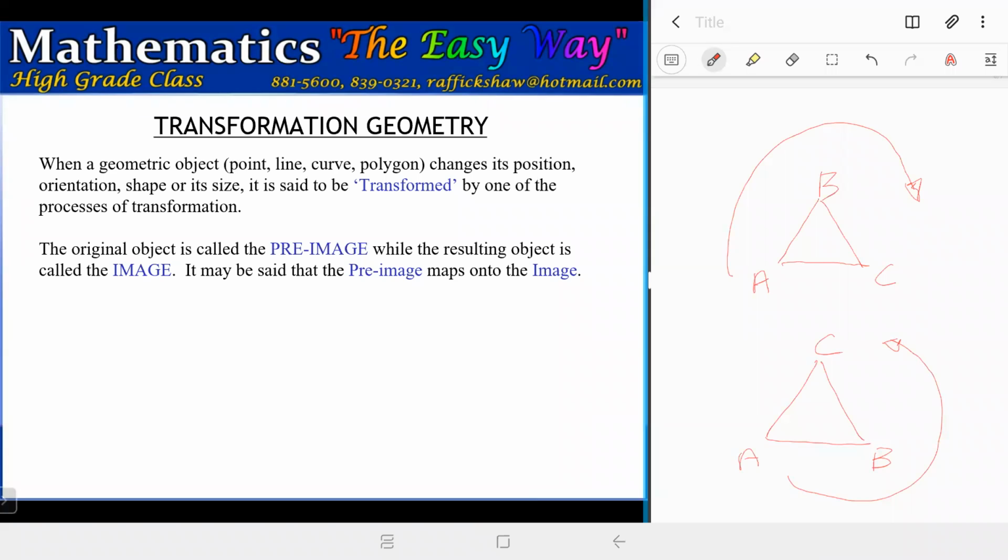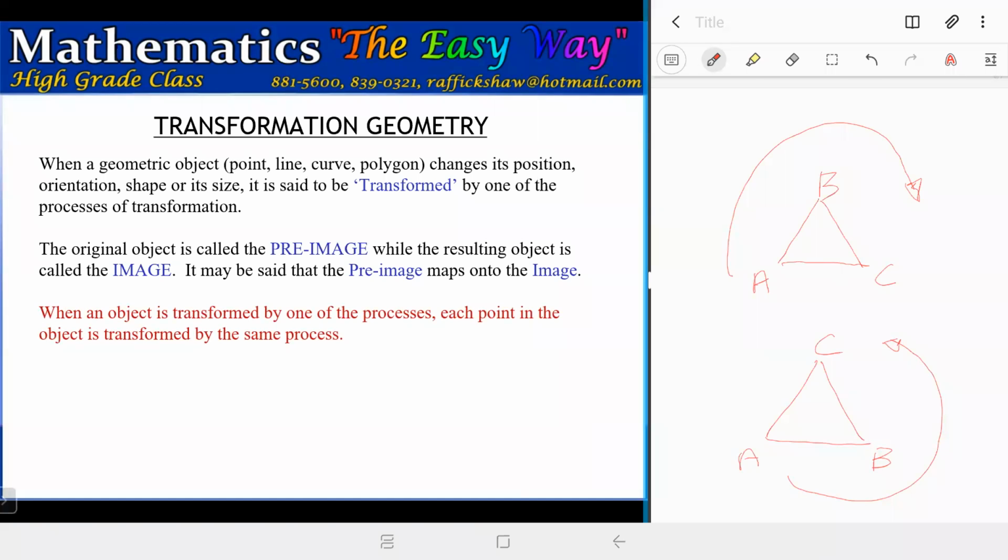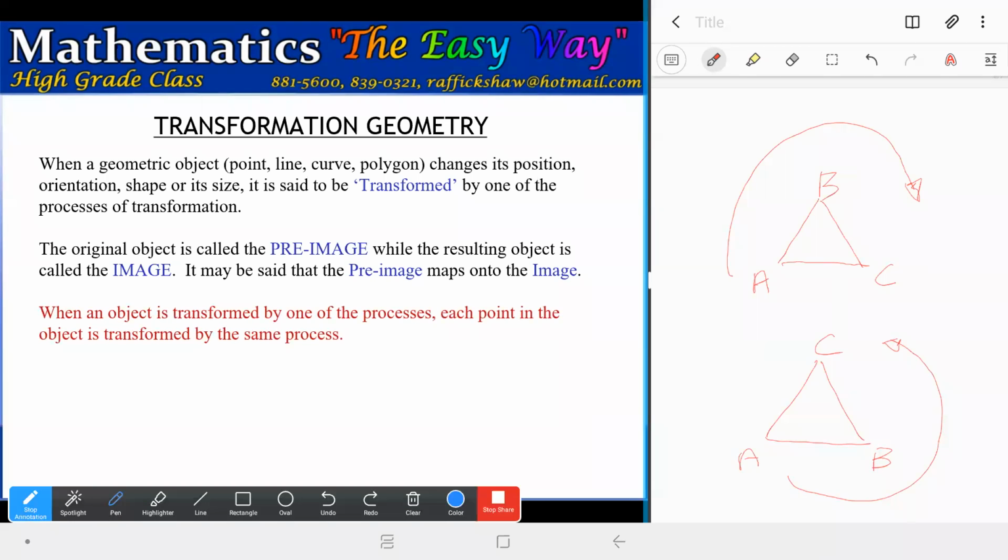When an object is transformed by one of the processes of transformation, and this is important, if the entire object goes under a transformation, it means that each point on the object undergoes the same process. So it cannot be that you have an object like a square go through a reflection, and then a point on the square goes through a different transformation like a rotation. No. If the object goes through a transformation, then all points go through the same transformation.